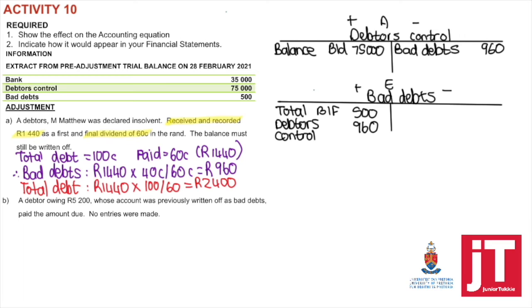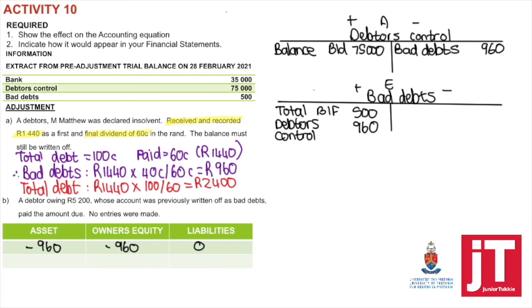Debtors control is going to be credited with 960 and bad debts is going to be debited. Always remember, we're starting with the balances and the totals brought forward, because we need to find out what is the final amounts that will appear in my income statement or balance sheet. The effect on the accounting equation: assets minus 960, owner's equity minus 960.